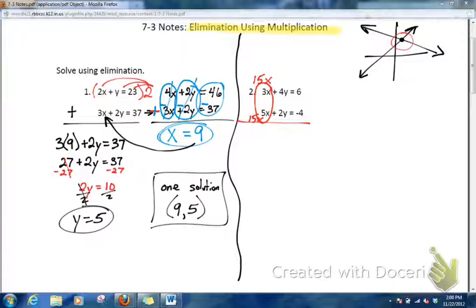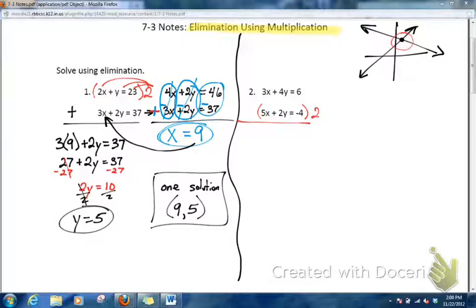And that's perfectly fine. In some future problems here, we'll have to do that. But that wouldn't be the easiest way to go about this problem, because when you look at your y's, you say, okay, 4y and 2y, I can easily make those the same by multiplying the bottom equation by 2.